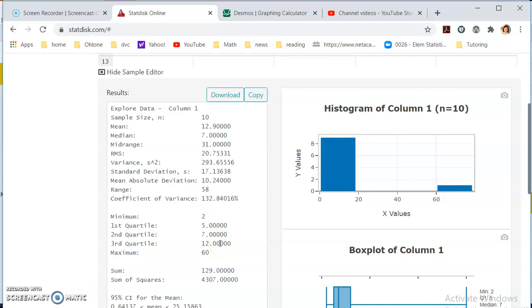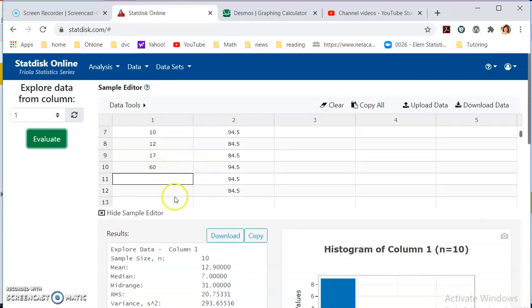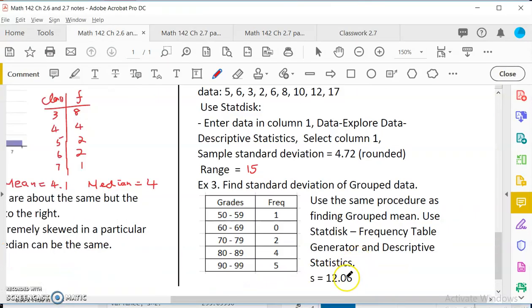It's 7. So it increases a little bit only, instead of, if you look at the standard deviation, the standard deviation becomes 17 versus in the past it was much lower. I think it was 6 something.